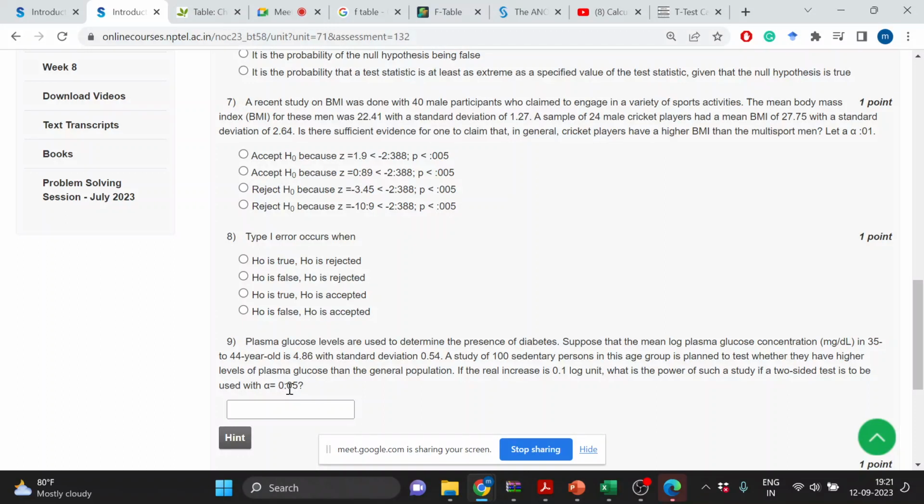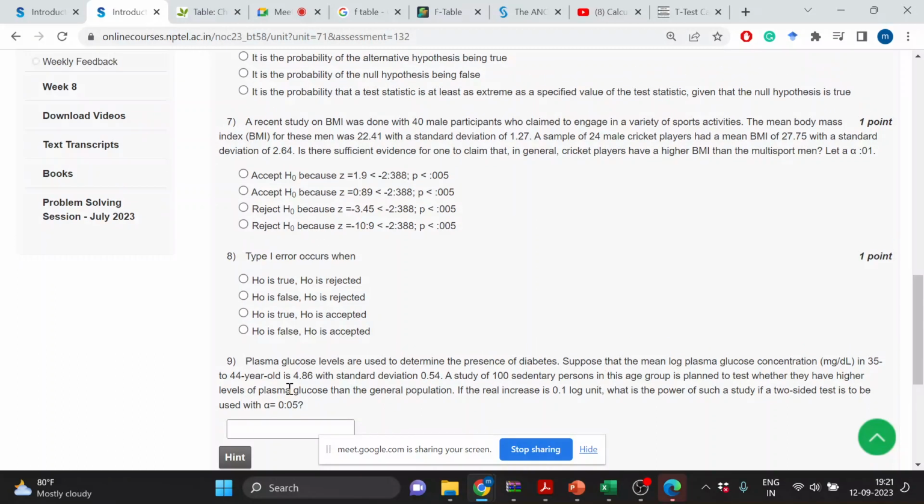So Z greater than 1.96 and you do that. For power means beta or 1 minus beta? Power is 1 minus beta. For calculating that beta, we have to watch the video which you have posted, sir, how to calculate beta. Okay, sir.